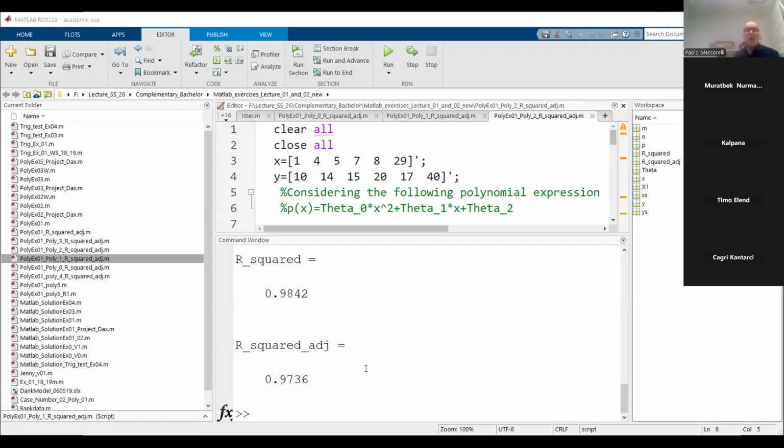R squared is 0.9842, and R squared adjusted is 0.9736.